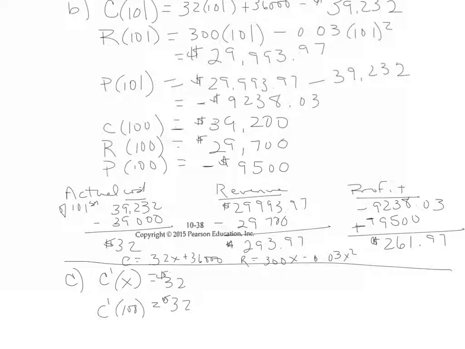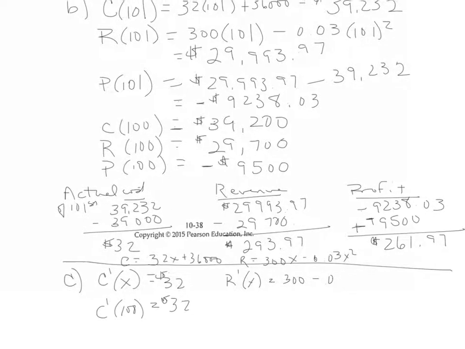So if we were to find the marginal revenue function, that would be what? 300 minus, and if I pull down the 2, multiply it times this negative 0.03, I get a negative 0.06.